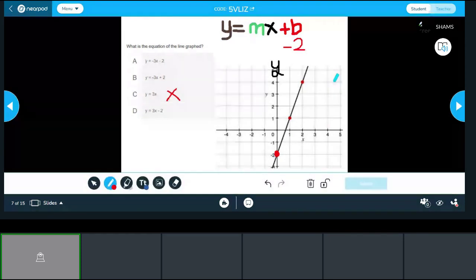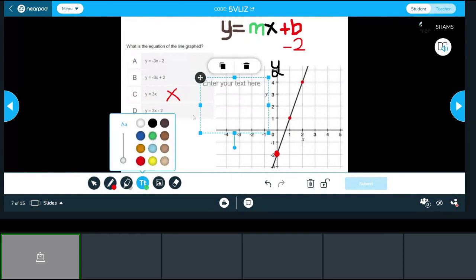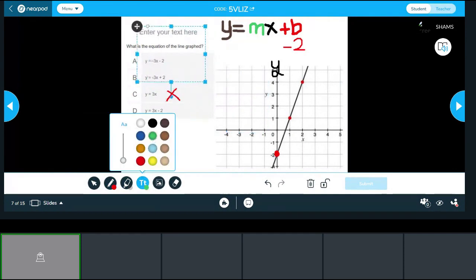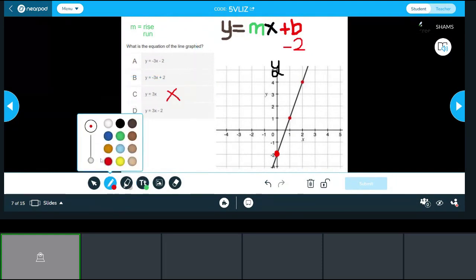Let's go ahead, move on, and find M. And just as a quick reminder, how do we calculate M? M is the rate of change, and to find M, you can do rise over run. Rise over run as a fraction. Let me go ahead and put a fraction bar right there.